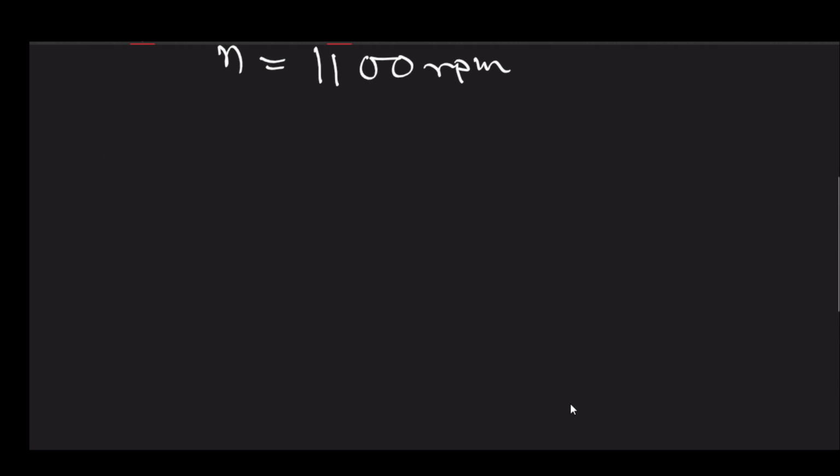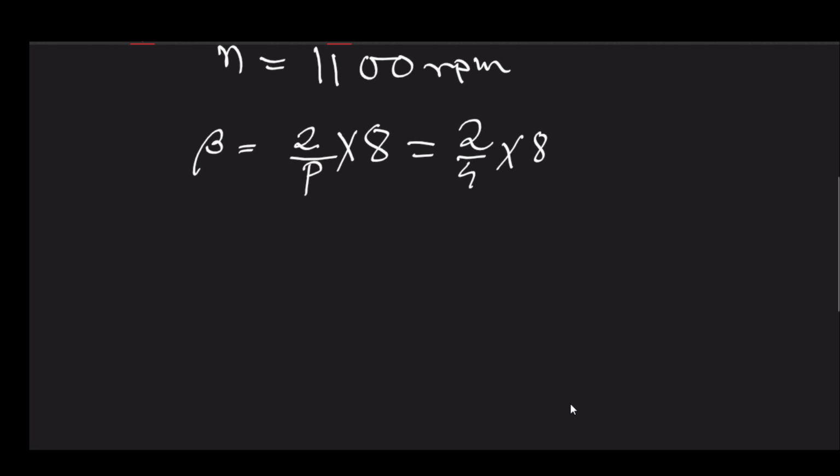Now brush shift angle beta: here they have said 8 electrical degree, so we have to consider it in mechanical degree, so that means 2 by P into 8, so 2 by 4 into 8, that is 4. So what is ATD?